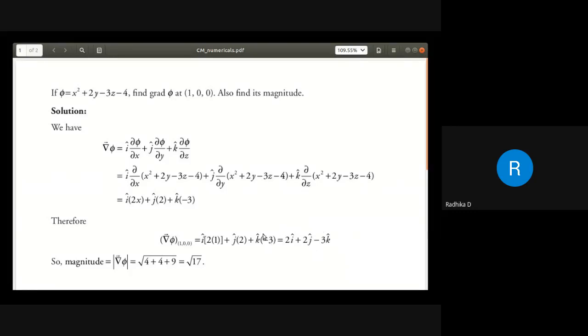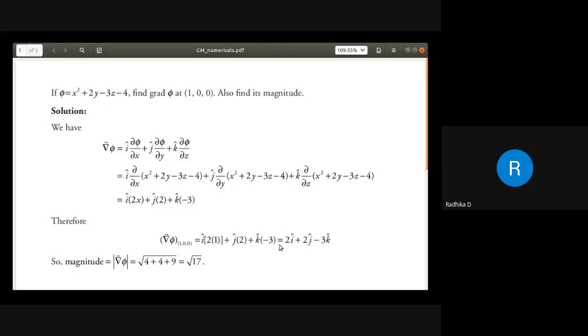So this is the gradient of phi at the position 1, 0, 0, where x is 1, y is 0, z is 0. Now comes the third part of the question: find its magnitude. If I have a vector like this, how do I find the magnitude?